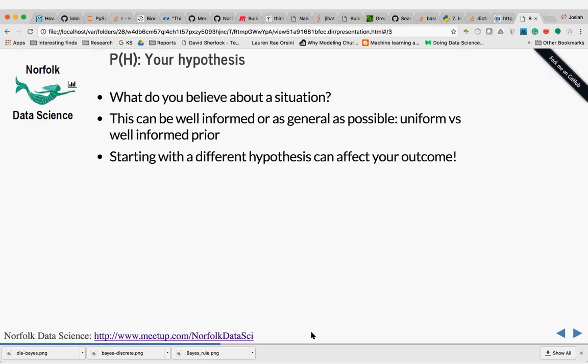So the prior is what do you believe about a situation? And in the book, he goes through some examples of how you can have a hypothesis that is well informed by a bunch of research, or you can have a hypothesis that is as wide open to interpretation as possible.